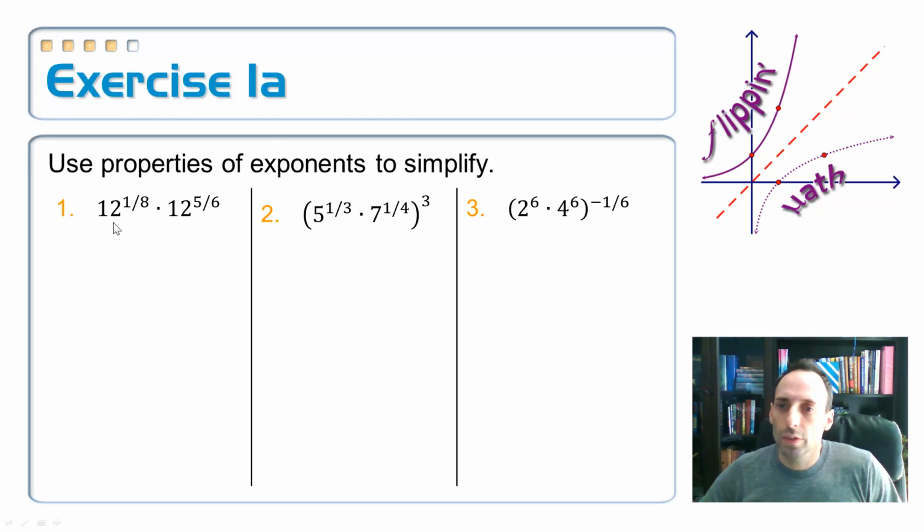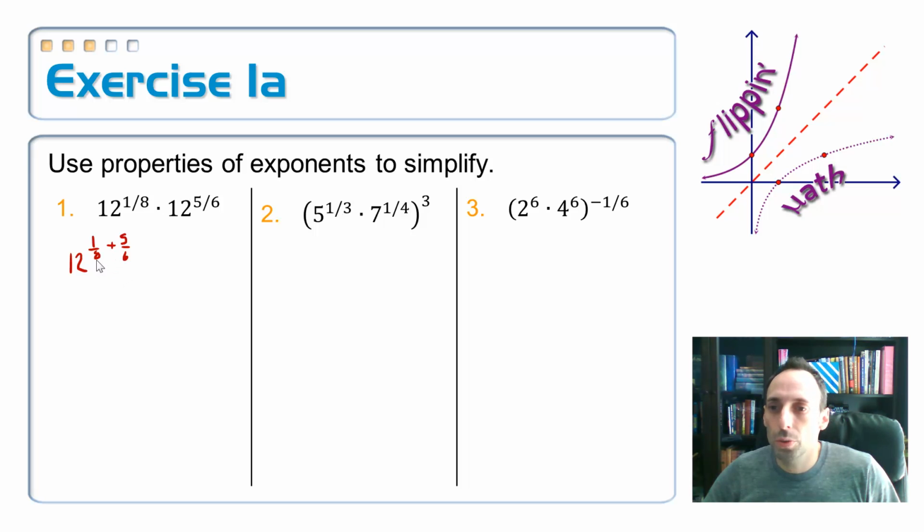On this first one here, I got 12 to the 1/8 power times 12 to the 5/6 power. And same bases, I add the exponents together. So I keep the 12 the same. Now I just have to add the exponents. I got 1/8 plus 5/6. Well, here's a case where I'm going to have to get a common denominator.